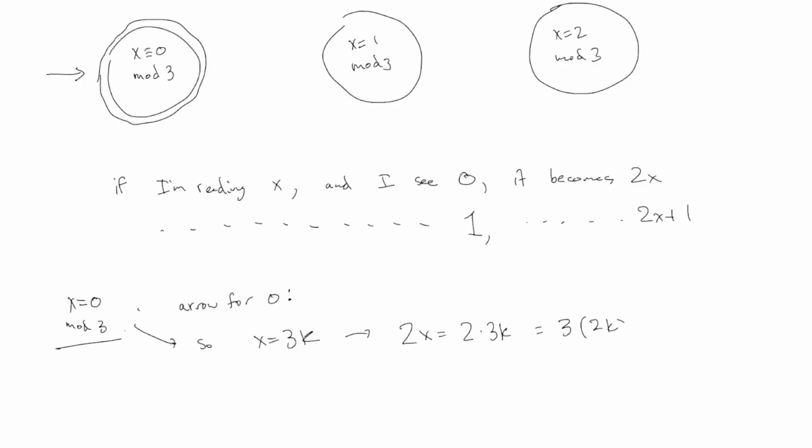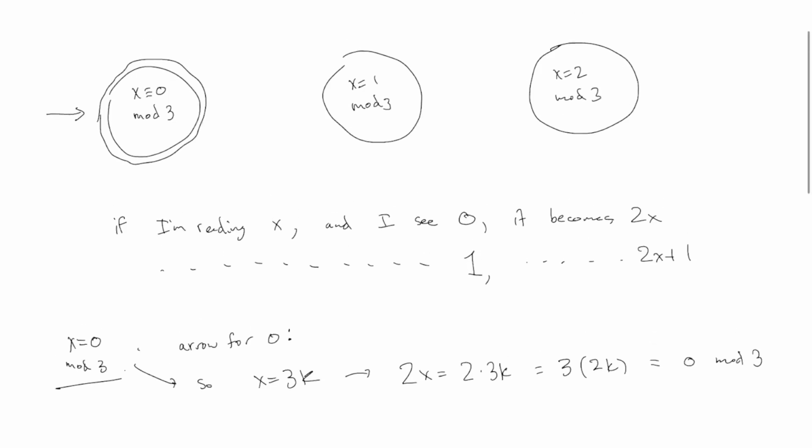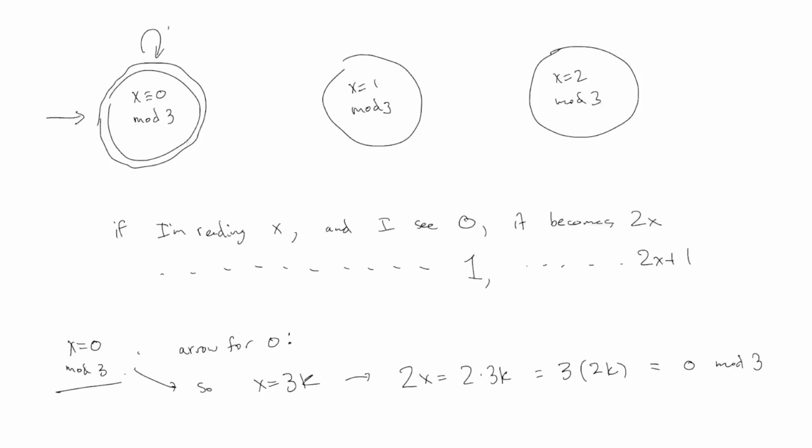That's 3 times 2k. And this is still 0 mod 3. That means on my diagram, the 0 arrow does that. So if you have a number that's already divisible by 3 and you read a 0 on the end of it, that multiplies the number by 2, but it's still going to be divisible by 3 anyway. All right? I think this is where we ended last time.